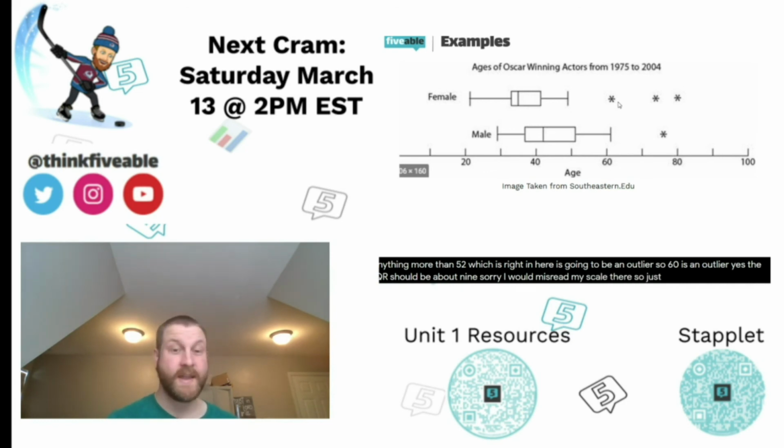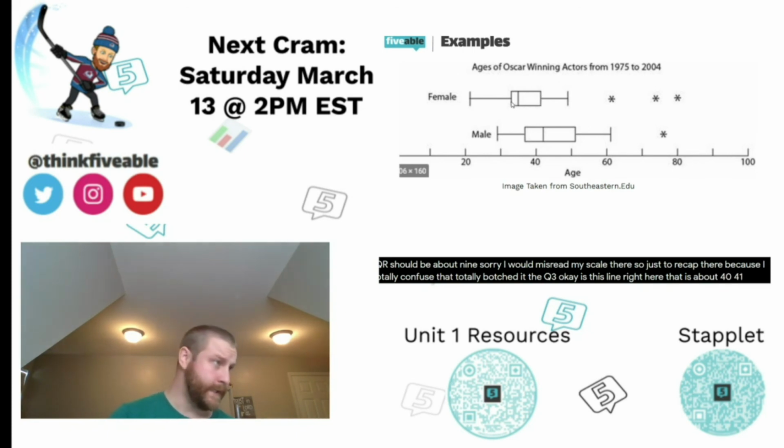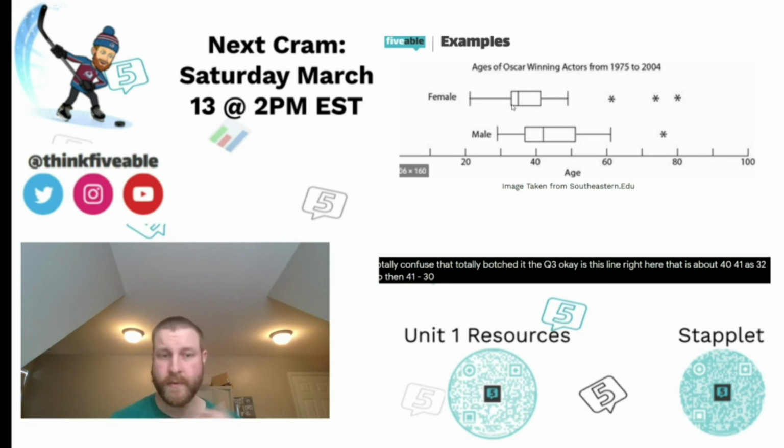So just to recap there, because I totally botched it. The Q3 is this line right here. That is about 40, 41. The Q1 is 32. So 41 minus 32, the IQR is about 9. 9 times 1.5 is 13.5.